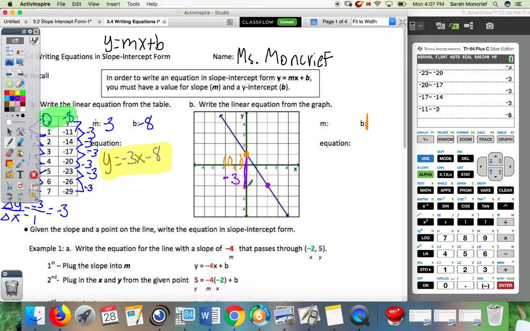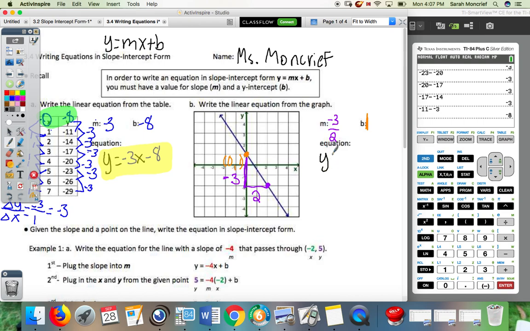So I have negative 3 over 1, 2, because my run is 2. So my m is going to be negative 3 over 2. And now I just need to replace my m and my b with negative 3 over 2 and 1.